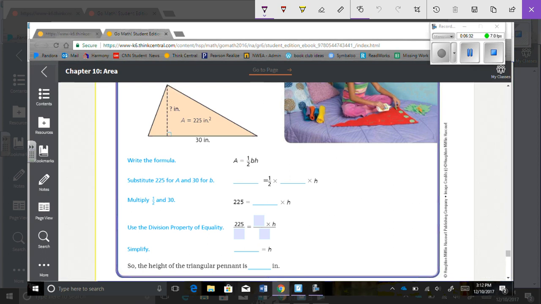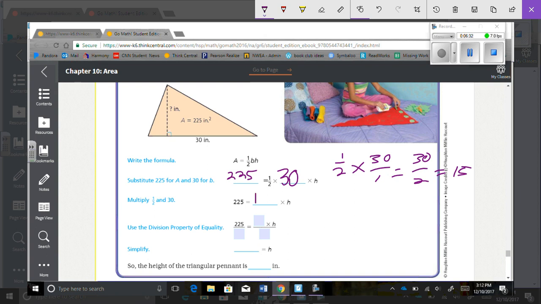So we're going to substitute everything that we know, just like we always do. So now we know that area is 225 equals 1/2, which always stays, and we know the base is 30, and we don't know that height, so we keep it as multiplied by height. So then we're going to multiply the 1/2 and the 30. That would be the same thing as 30 over 1 times 1/2, which means 30 divided by 2, which is 15.